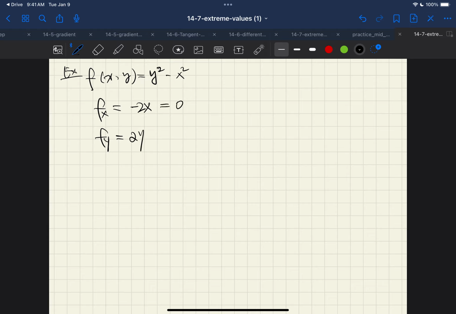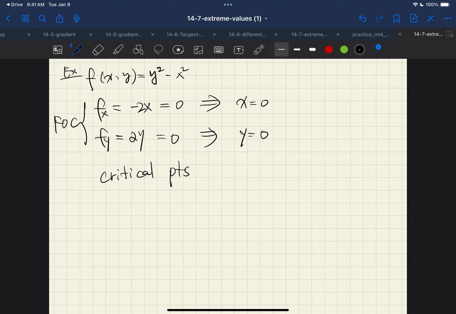Make them 0 and solve for those x and y which satisfy the FOC. So the critical points: there's only one critical point, so you can put it as a set, but it is (0, 0).